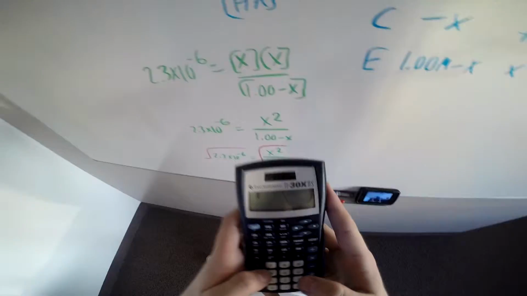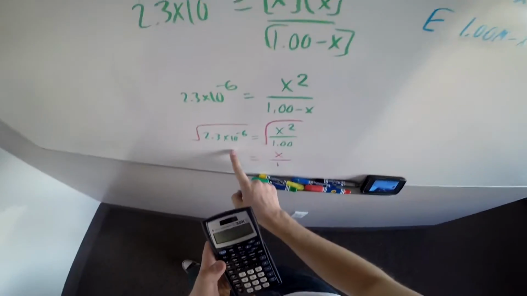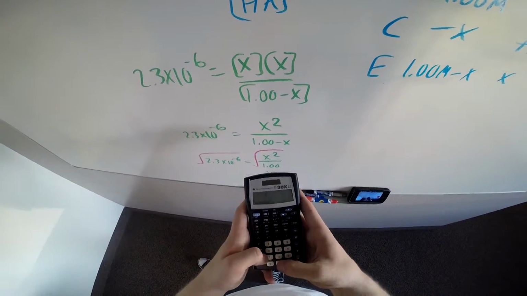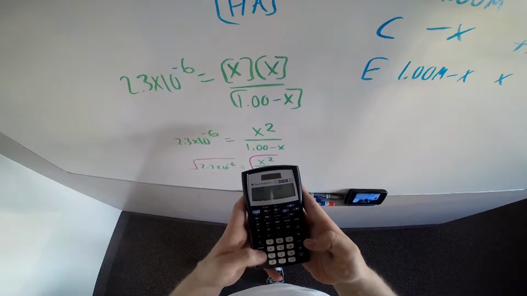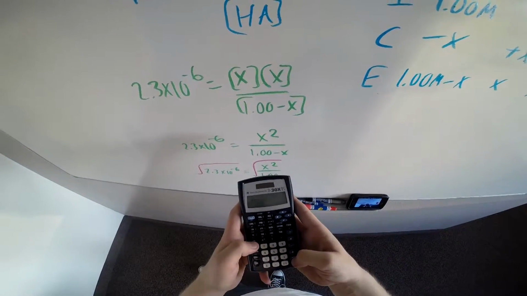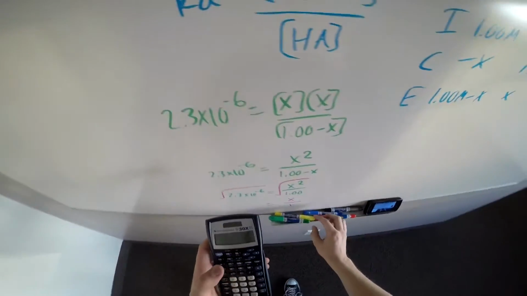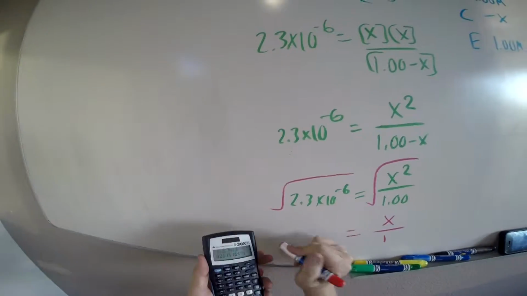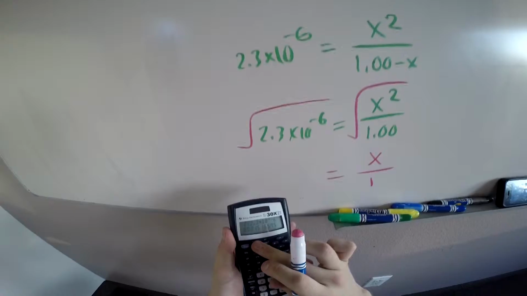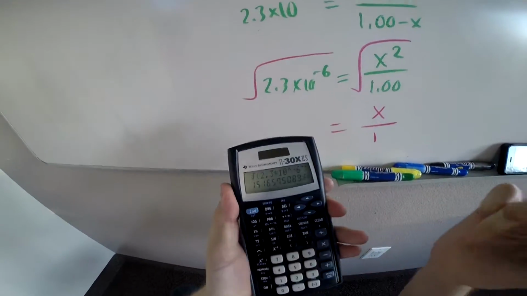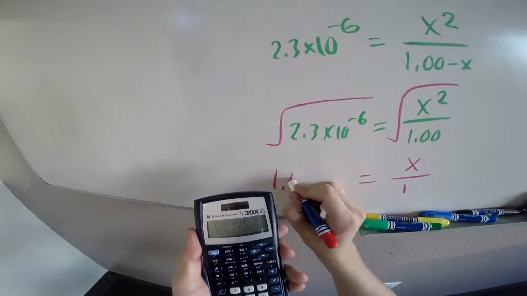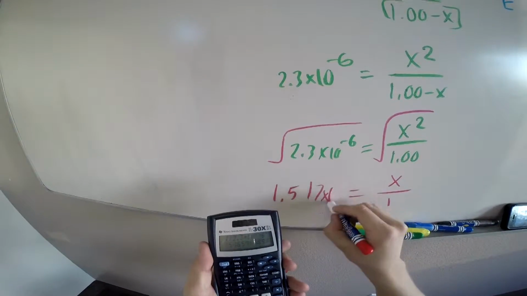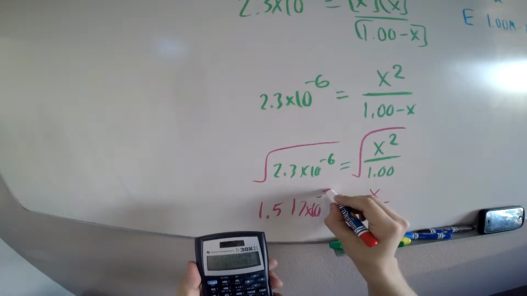So we're going to plug this number into our calculator in order to solve. We're going to get the square root button. There we go. 2.3 times 10 to the negative 6, because that's our number. And we're going to write down our answer in scientific notation, which is 1.517 times 10 to the negative 3.